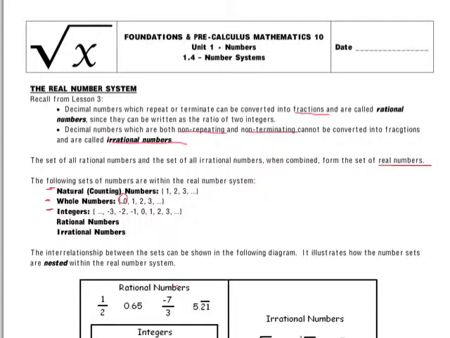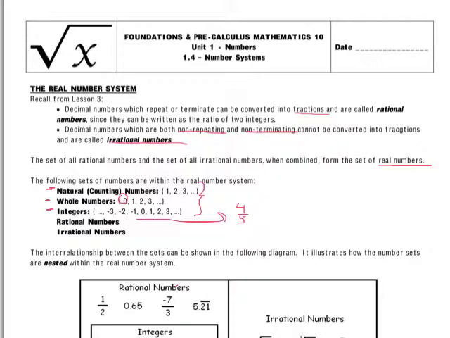Okay, but you'll notice in the first three here, there are no decimals in any of those three groups. Okay, finally, rational numbers. The best way to describe rational numbers is that you can write them as a fraction. For example, I can write 4 over 5, that's a rational number.